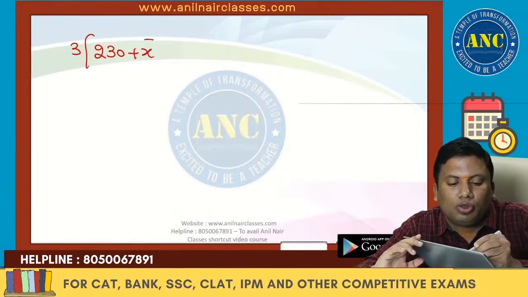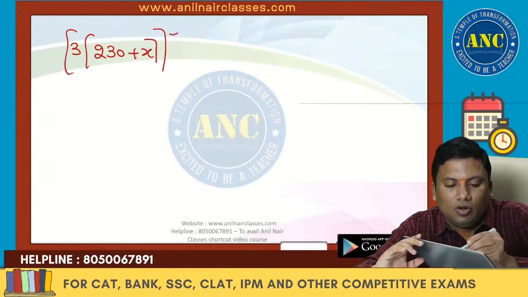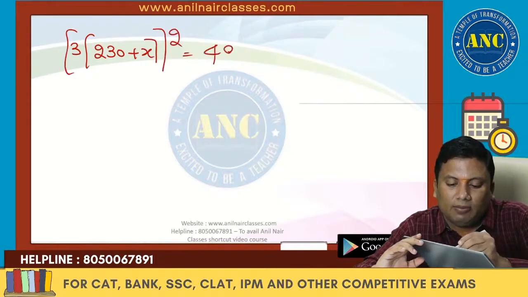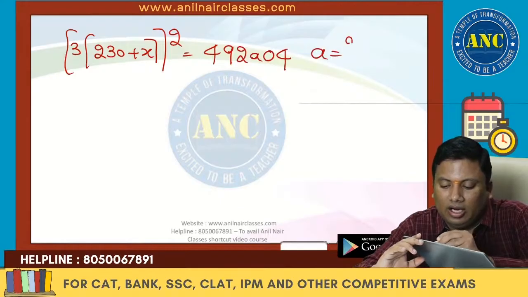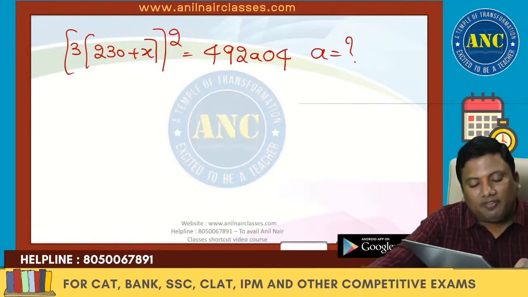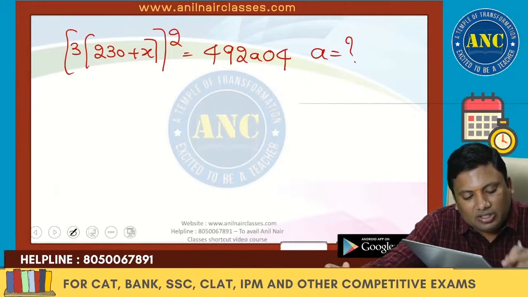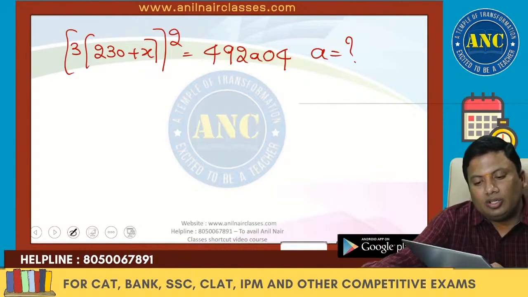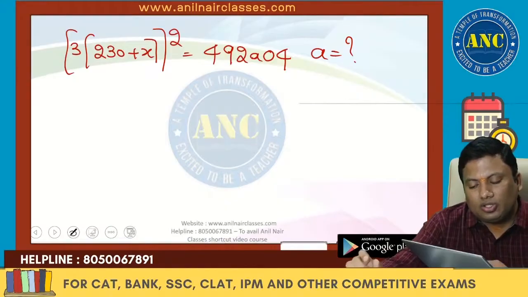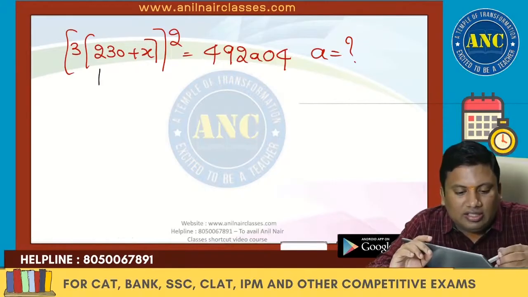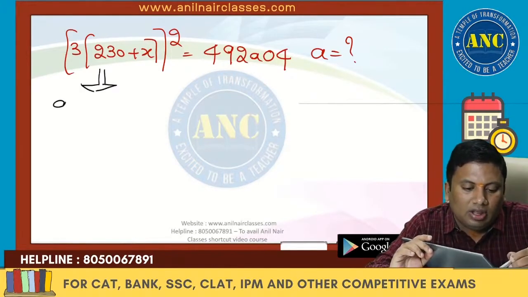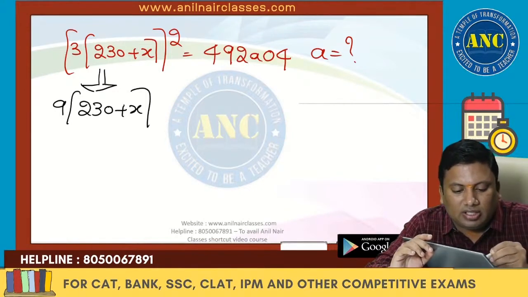3 into (230 plus x) whole square is 492A04. If you know the logic, you can find out this answer very, very fast. 3 square is 9, so 9 into (230 plus x) whole square.